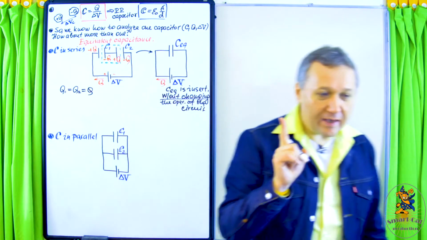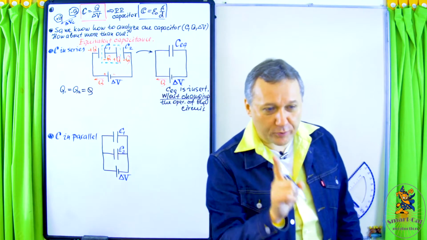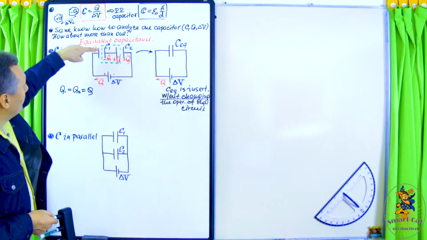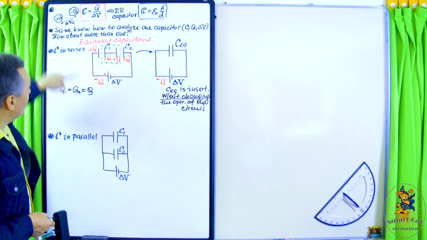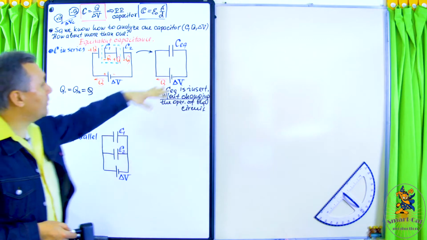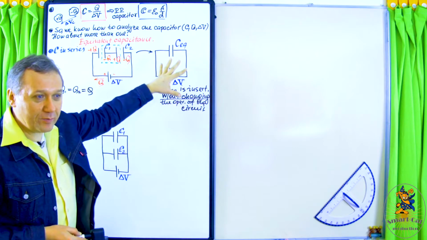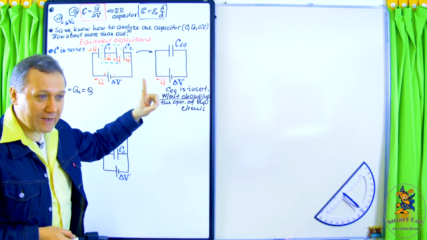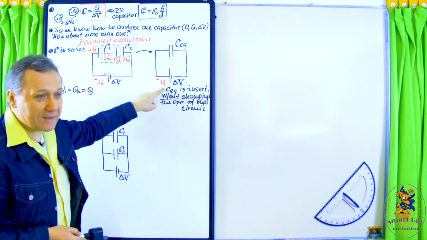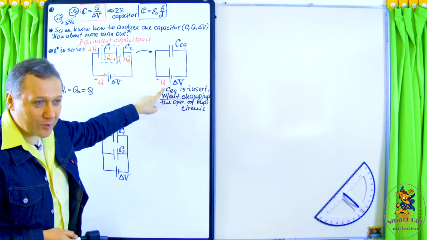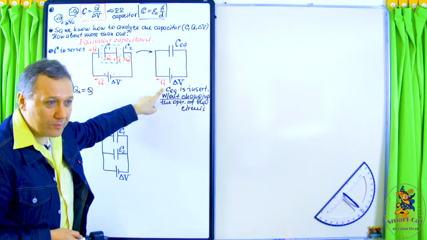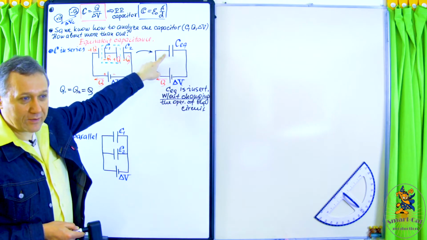Okay, now let's add an additional very important step. So now we established that Q1 equals Q2 equals this charge which left the battery. But again, you remember when we replace this real circuit with an equivalent circuit, the rest of the circuit worked in exactly the same way. It means that Q1 equals Q2 equals this Q, and exactly the same Q over here in the equivalent circuit. And where does this charge Q go? To the equivalent capacitor.